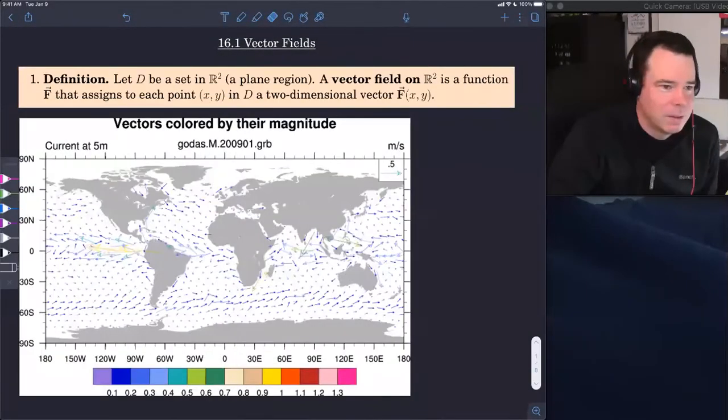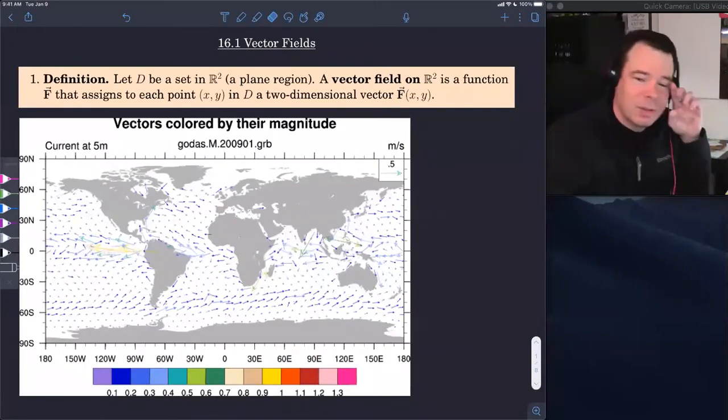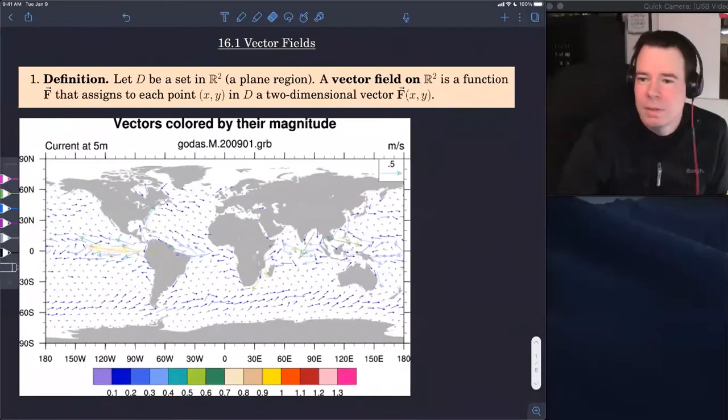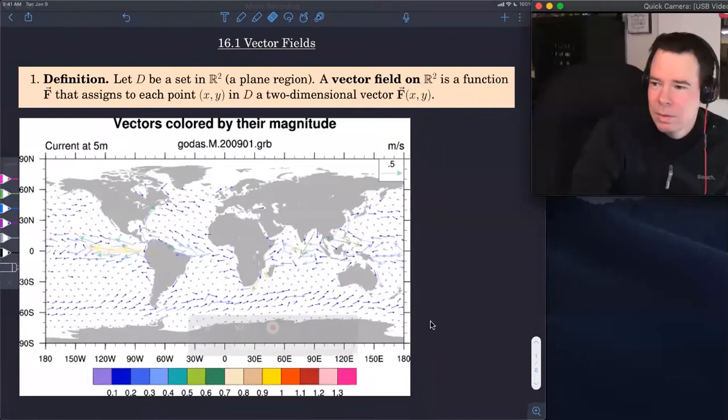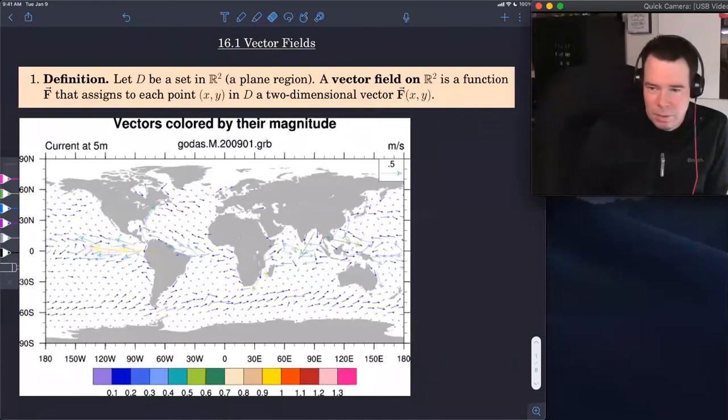It's just a bit of a teaser as to what we are doing now in the course. We are now looking at functions that take multiple inputs, which is nothing unusual.